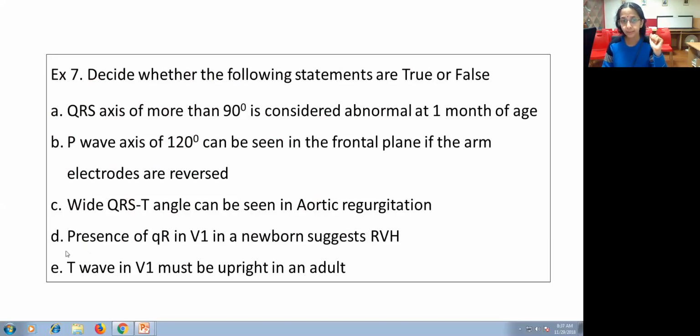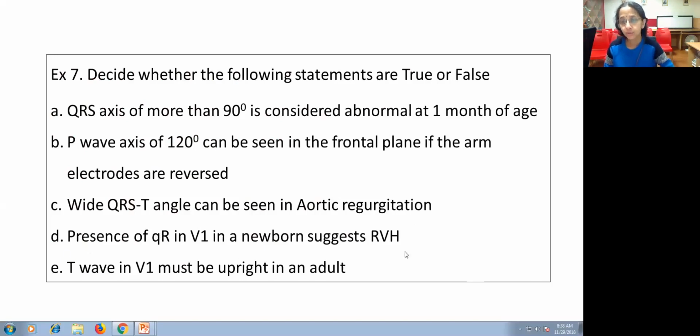Coming down to D, presence of QR in V1 in a newborn suggests right ventricular hypertrophy. Normally, you should have Q waves in V6. If you have Q waves in V1, it suggests right ventricular hypertrophy. Is it right or wrong? I'm getting lots of answers as true.